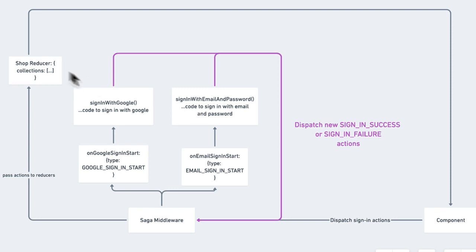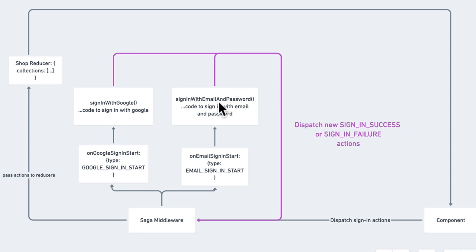So our reducer only cares that the sign-in success action gets fired, I get that object, I store it inside of my reducer state. Now, we're able to do this because our sign-in with Google method on our auth library and our sign-in with email and password method on our auth library both return us the same thing when it comes to the errors if it fails, but also the objects if it succeeds.